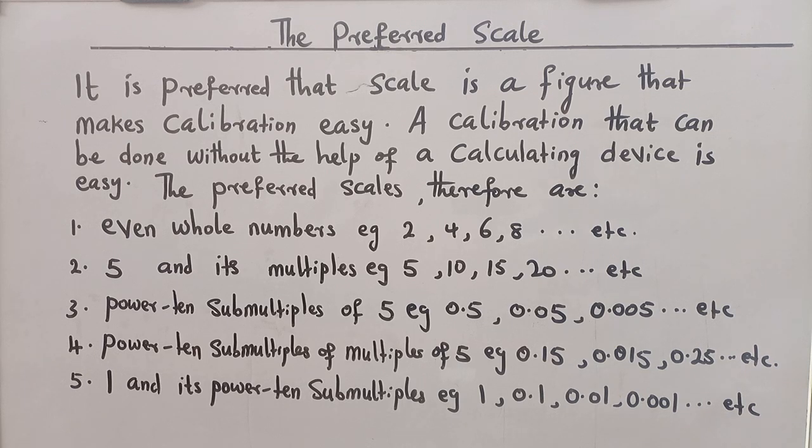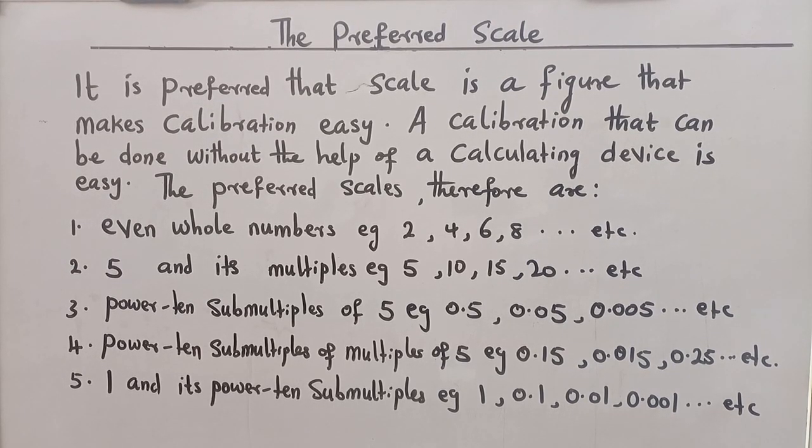Imagine that you got your scale as 7.15. After you mark the first interval as 7.15, what do you think the next interval will be after adding the 7.15 to get the next interval?